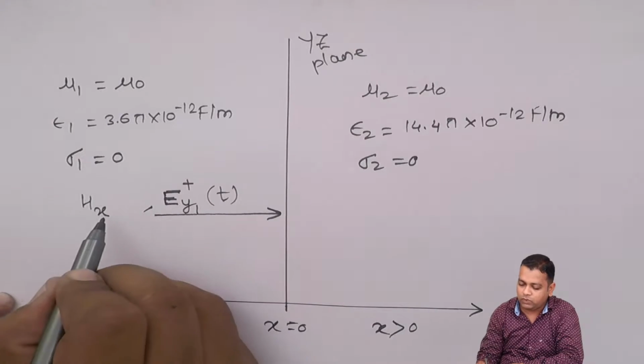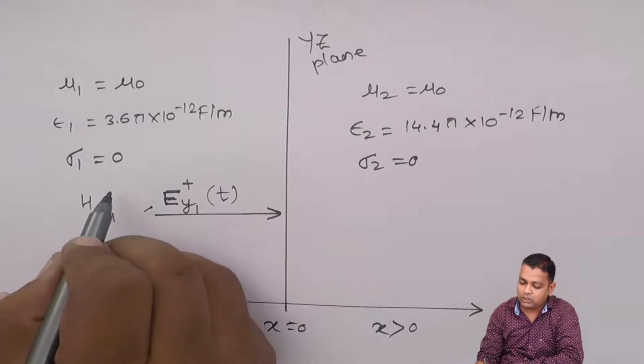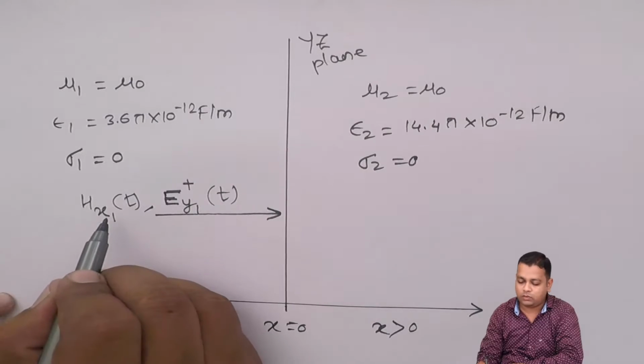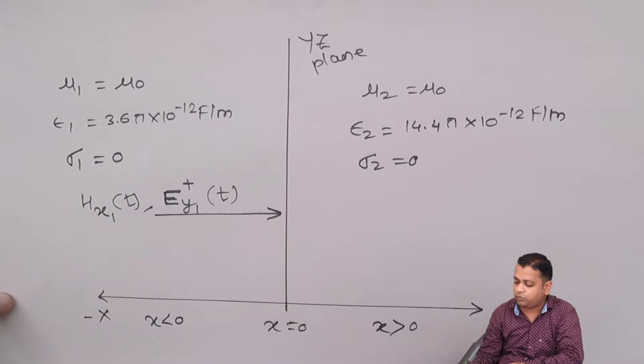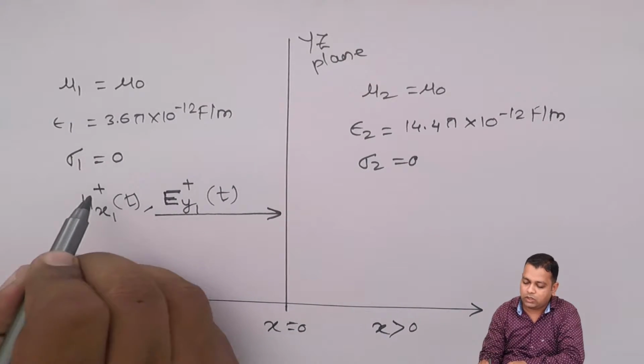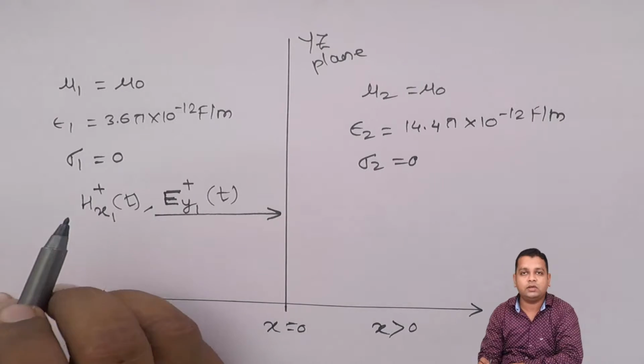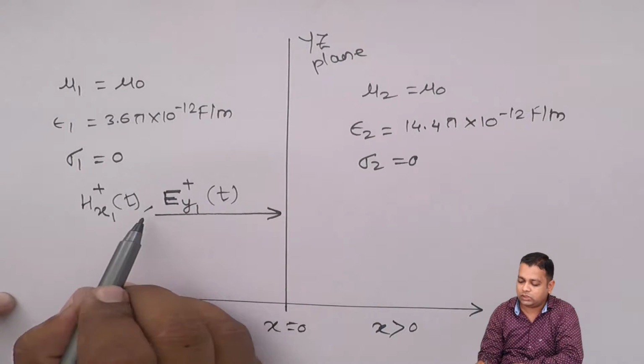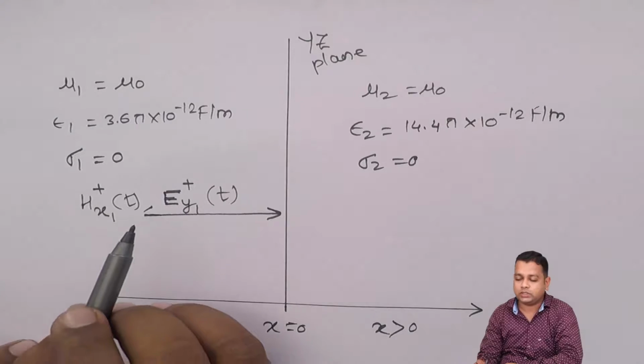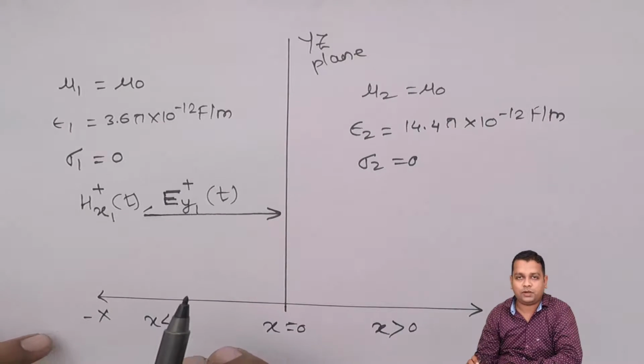So for medium 1, we can give the suffix 1. It will also be a function of time t, and proceeding towards the positive x direction, we have to put a plus sign over its head. This is also one convention used for representation of incident, transmitted and reflected waves.